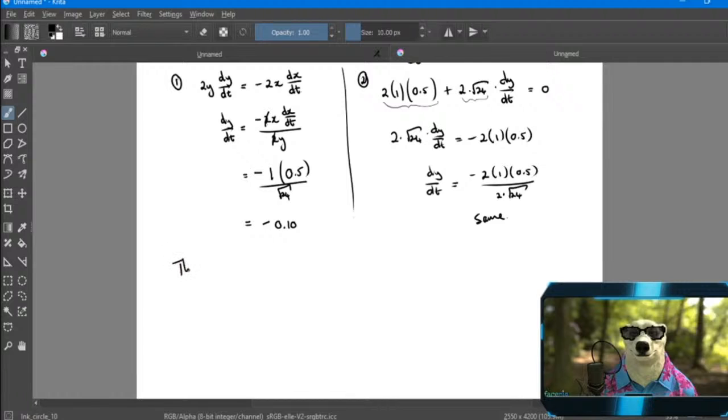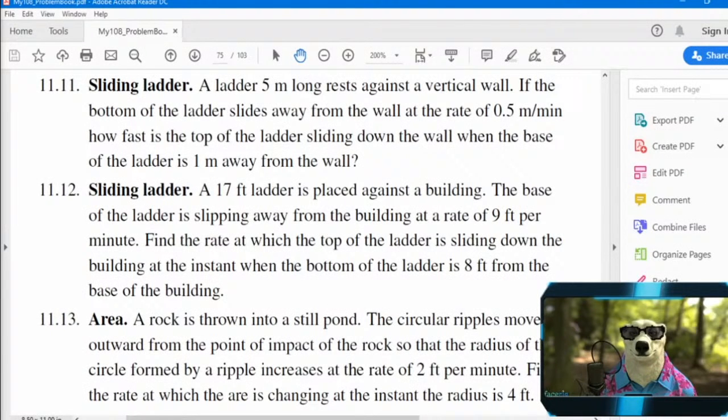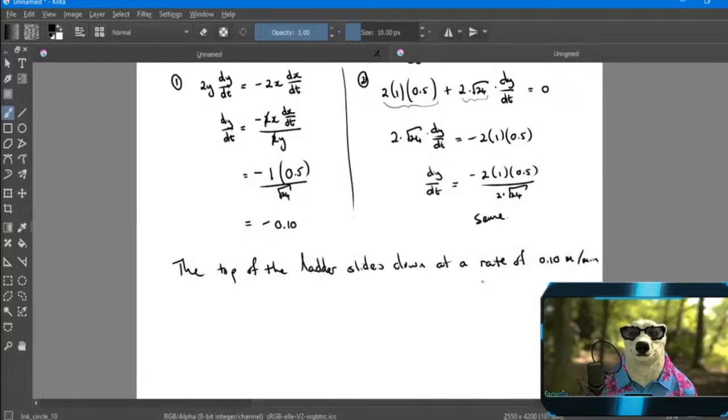So we can say the top of the ladder slides down at a rate of approximately 10 meters per, was it minute? Let's check. Yeah, it was minute.